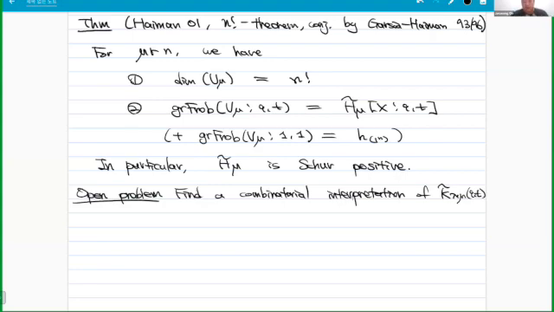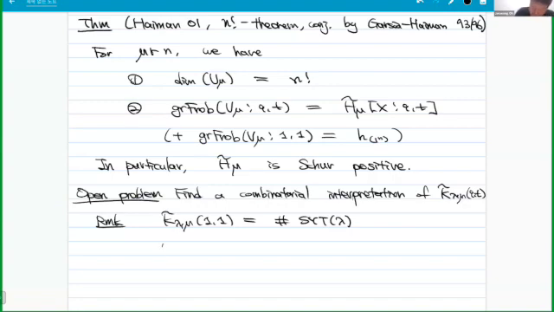Since it came from the regular representation, we know that K tilde lambda mu at q=1, t=1 is the number of standard tableaux of shape lambda, no matter what mu is.